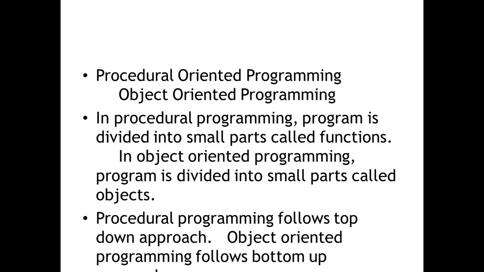We divide our problem into functions. For example, if we want to solve for the area and circumference of a square, then we will define two functions, area and circumference.